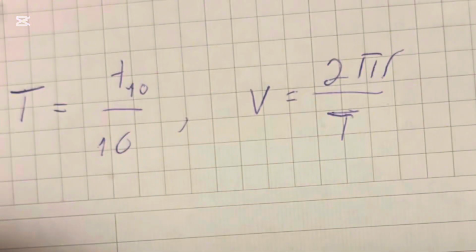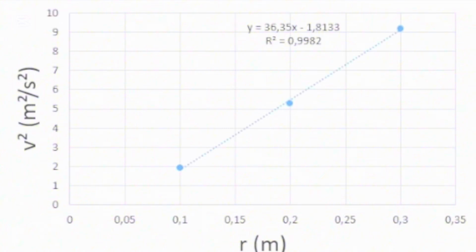And I recorded the time for 10 revolutions, and I computed the period by dividing the time for 10 revolutions by 10, and then I computed the velocity through the formula 2 pi r over t, and then I plotted the graphs for v square and r, and I plotted the graphs for FC and FT as well.